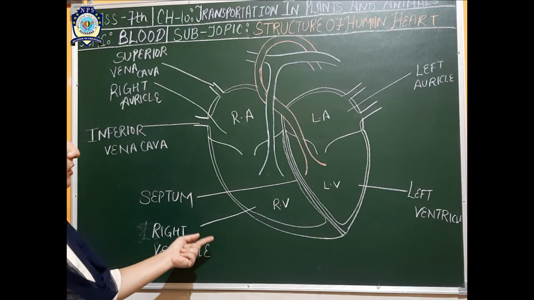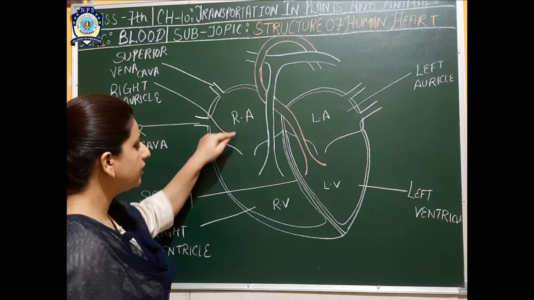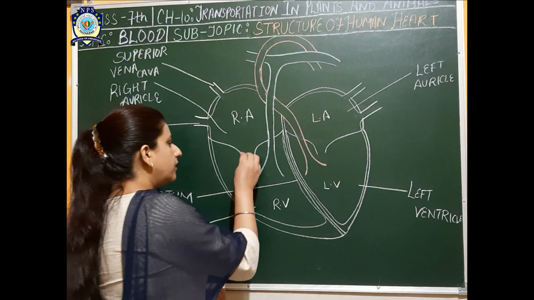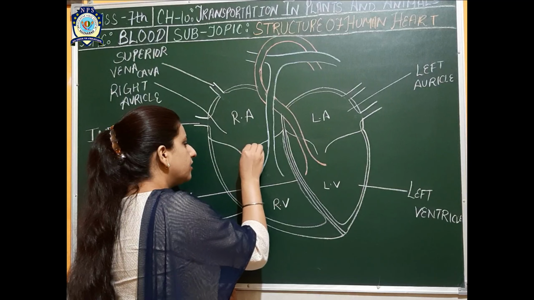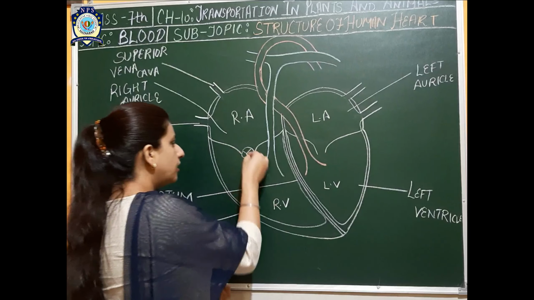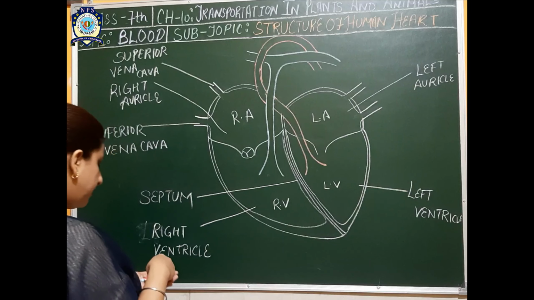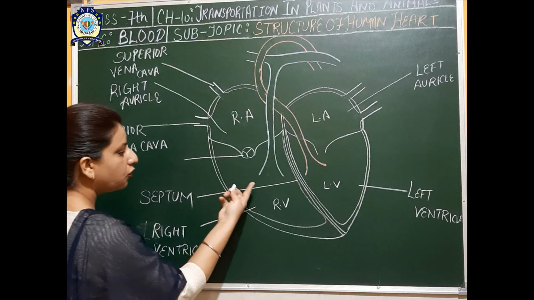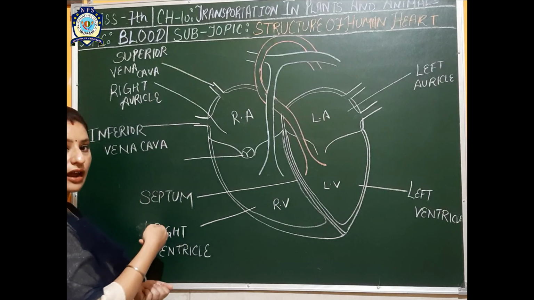Also, the right auricle and right ventricle have one valve here, opening here, which is a tricuspid valve, to check the backflow of blood from the right ventricle to the right auricle.